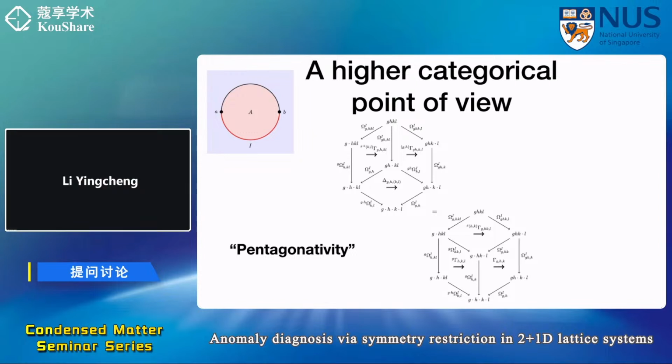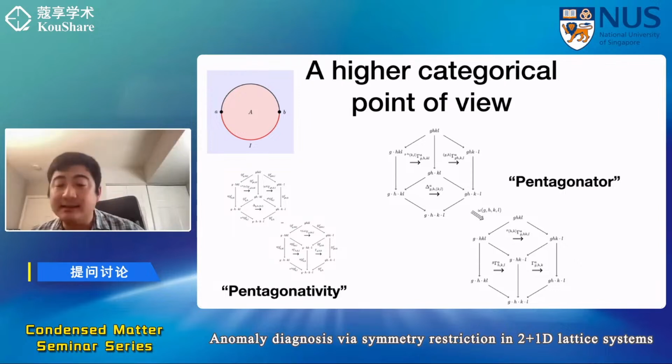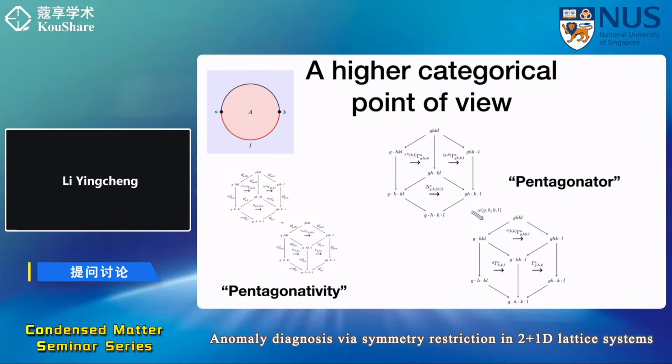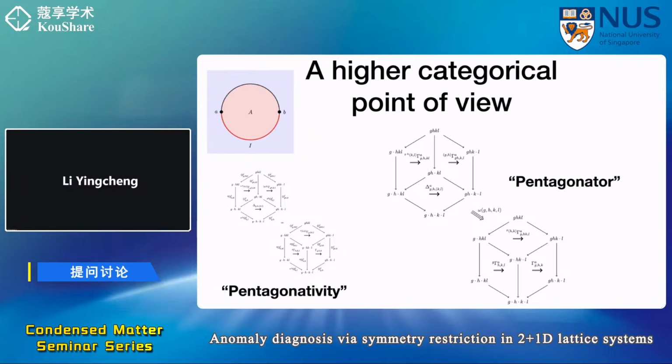I'm still curious how this pentagnator is related to the symmetry defects on the 2+1 dimensional boundary. It seems that on the 2+1 dimensional boundary you can have symmetry defects that have a pentagon identity. Is this pentagnator related to that, or are they different things?